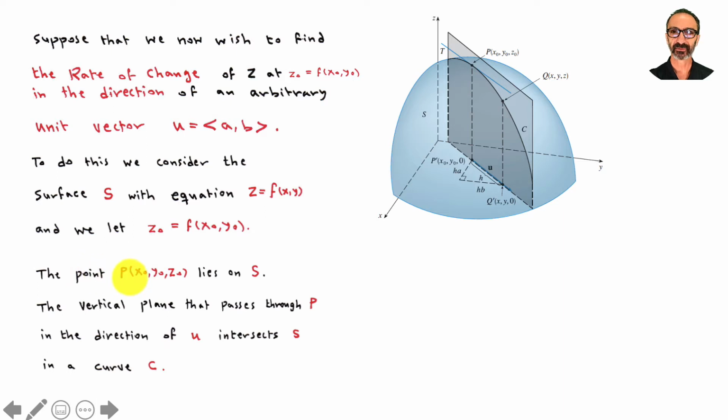The point P, x sub 0 y sub 0 z sub 0, up there lies on the surface. The vertical plane that passes through the point P in the direction of u intersects S in the curve C. We talked about that in the previous videos. Okay, you see this curve C?